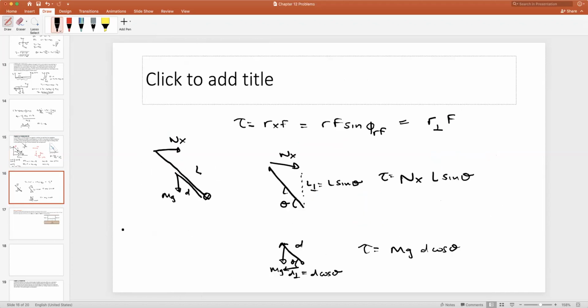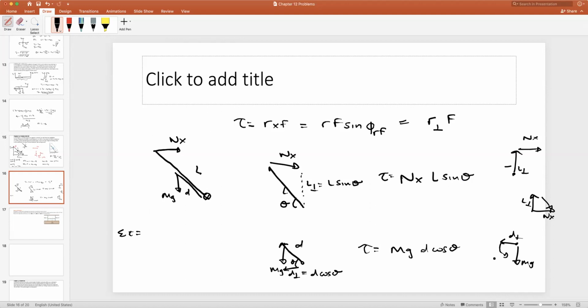Now, my net torque: is this torque positive or negative? Well, if I put L perpendicular and I put an X, I see that this is trying to rotate clockwise, so it's a negative torque. And then I have D perpendicular and I have mg. I really should have put these L and X so that you can see that we're turning clockwise.